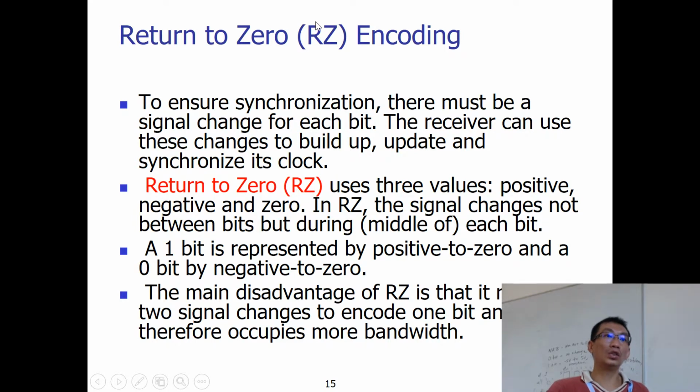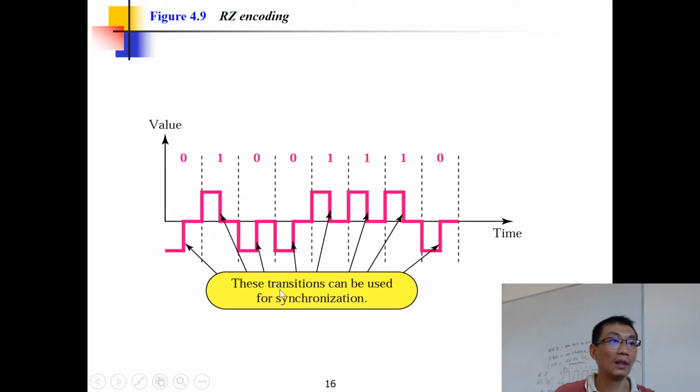Okay, to ensure synchronization, there must be a change in every bit. So what you do is RZ, return to 0. Okay, so what does it mean? Every time in the middle of the signal, you return to 0.